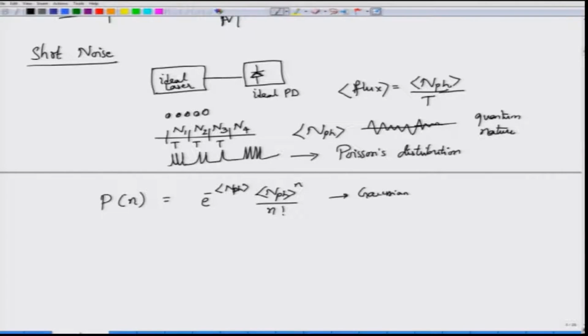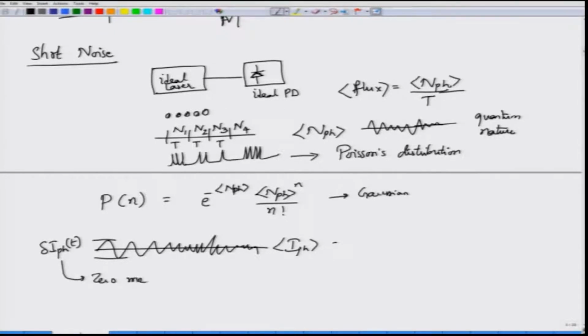Okay. So, the combination of these two statistical natures is that your current is not really a constant, but there is actually a distribution around this current, with a mean photocurrent given by the mean value of the photocurrent, and there is actually a time varying component, which we can write as delta I_PH of t, which has 0 mean, okay, but a variance which we call the shot noise variance, given by, surprisingly, q into I_PH.